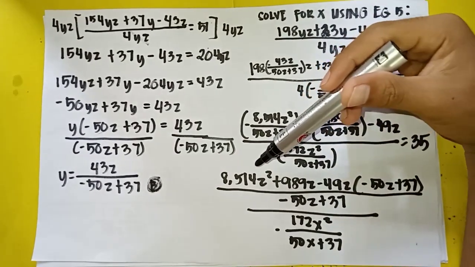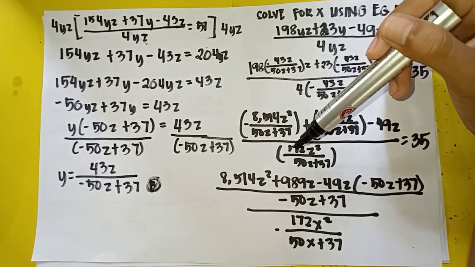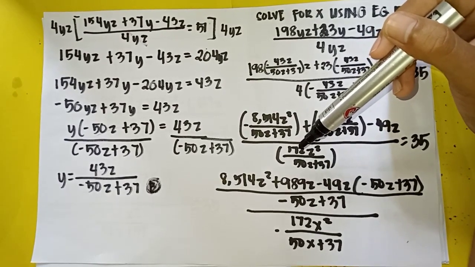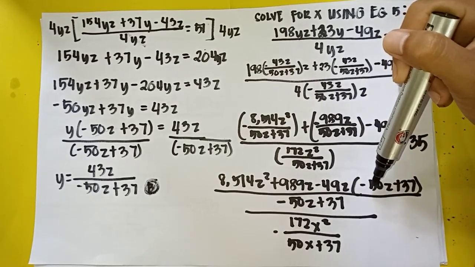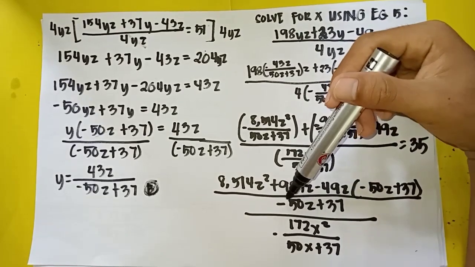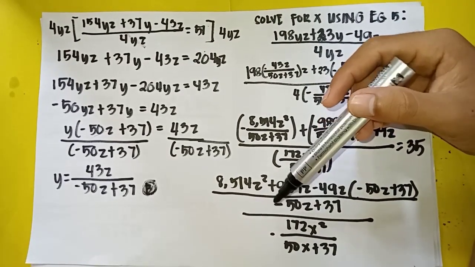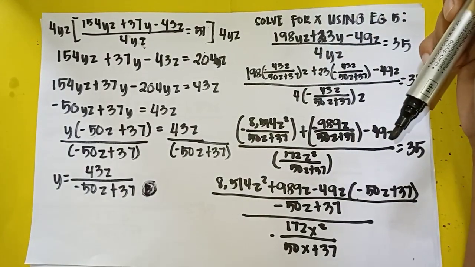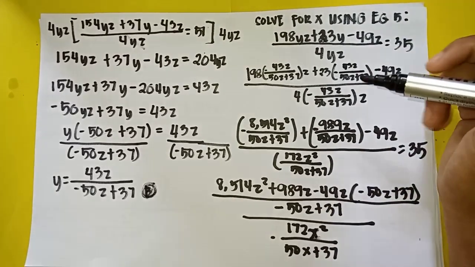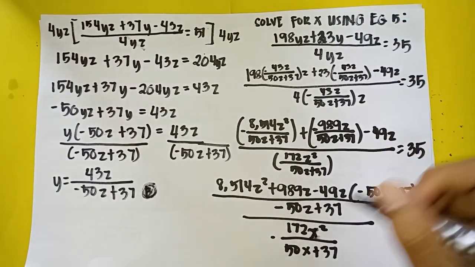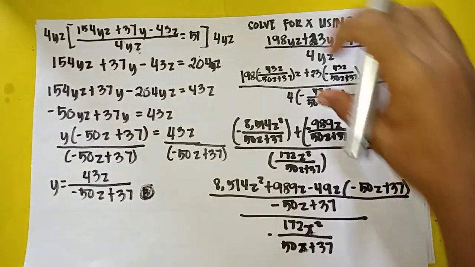So copy 8,514z squared plus 989z minus 49z times 100 times negative 50z plus 37 over negative 50z plus 37 over 172z squared over negative 50z plus 37.